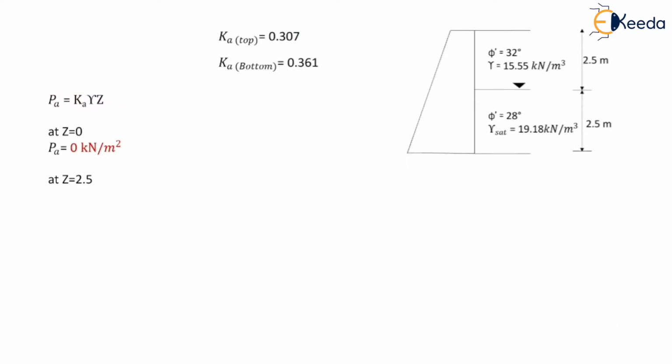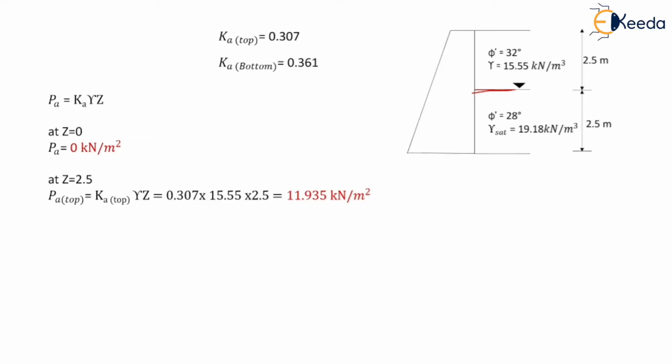At depth z equal to 2.5, there is the water table. So at this height we can see the junction of the upper layer and bottom layer. Here at this point we get two values of active pressure. The first value will be the active pressure for the top interface and the second value will be the active pressure for the bottom interface.